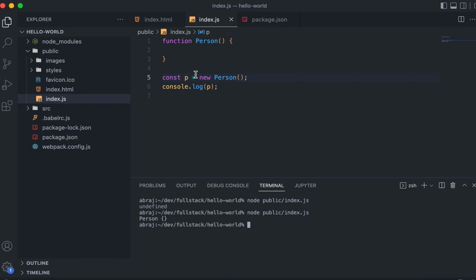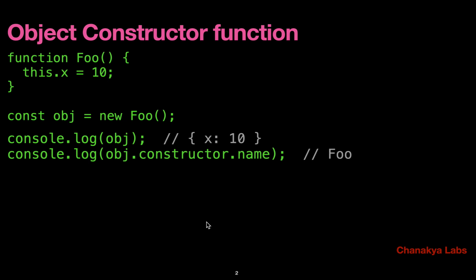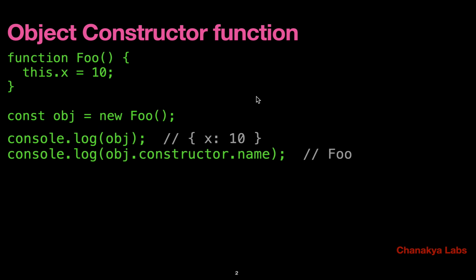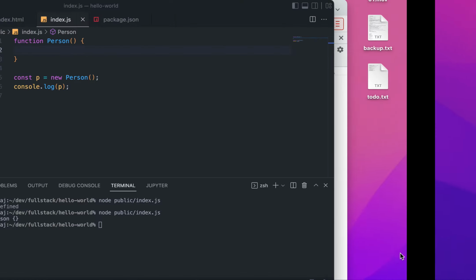Whatever you are returning, that is not happening, it is creating a new object. Turns out that this is a new syntax where when a function is used as a constructor, like when the new keyword is used, then the this inside it is bound to a new object being constructed, right?